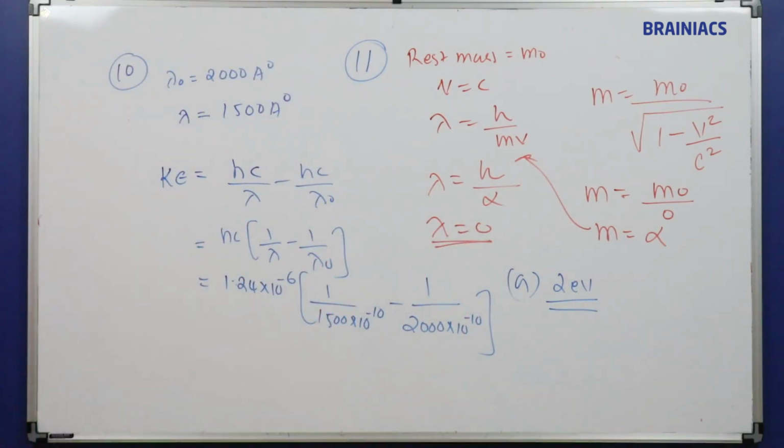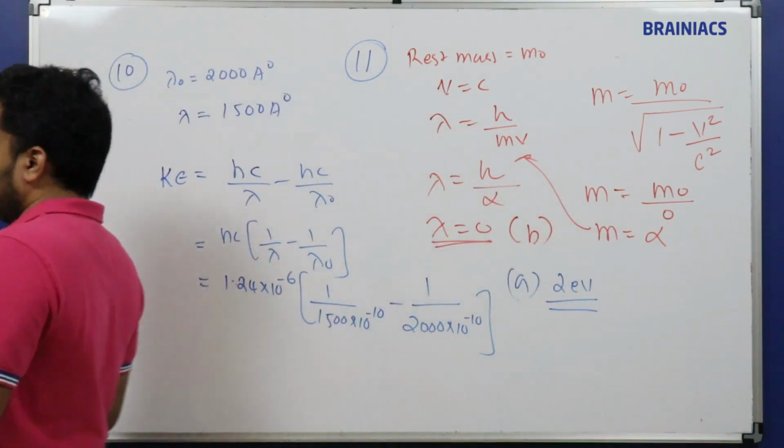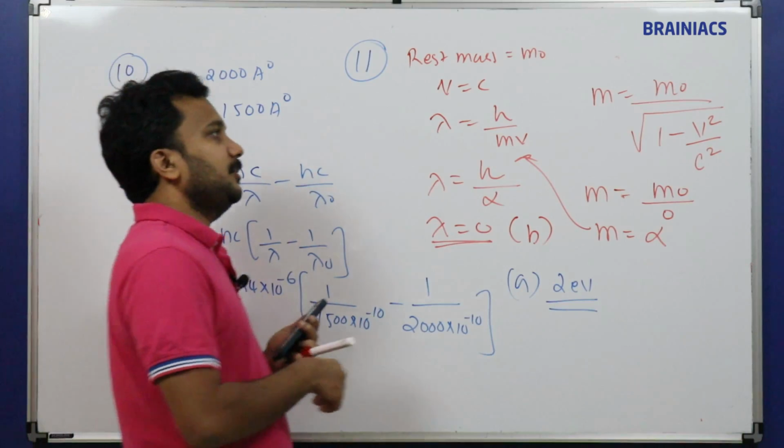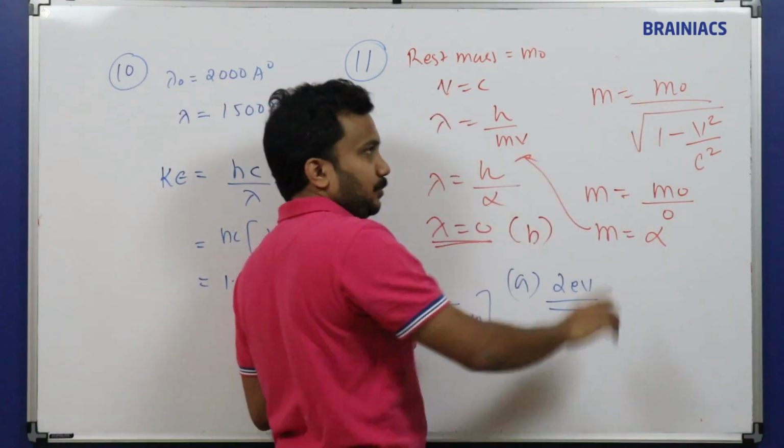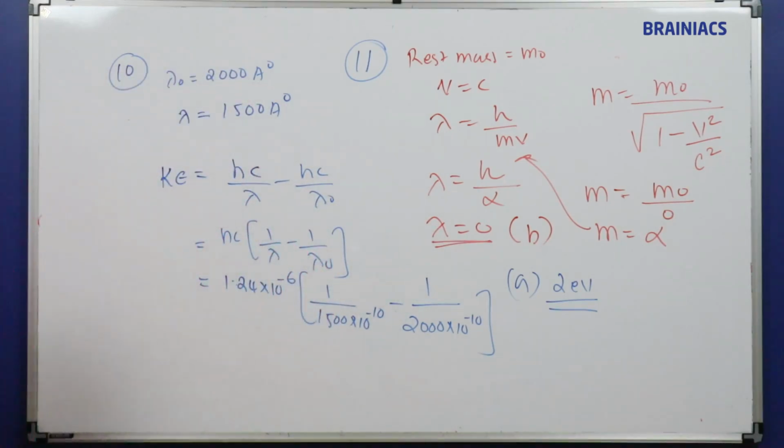So the answer will be 0 for the 11th question. Option B is the right answer. This is actually the relation between the rest mass and the new mass, which I already told you in previous lessons and lectures. I think it was in magnetism, but I don't remember exactly where.